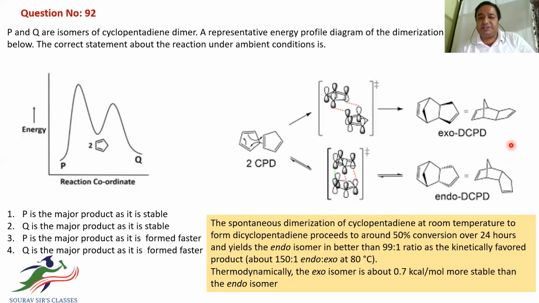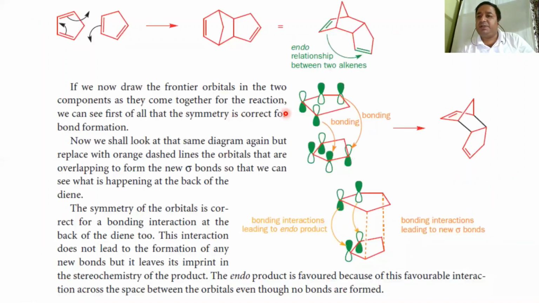A better explanation of this can be seen in the next slide, which I've taken from the Warren, Clayden and Greeves book. This is the combination of two units of cyclopentadiene forming the endo product. As you can see from the orbital diagram itself, this lobe is in phase with that one, shown by the orange arrows, where the bonding is taking place.